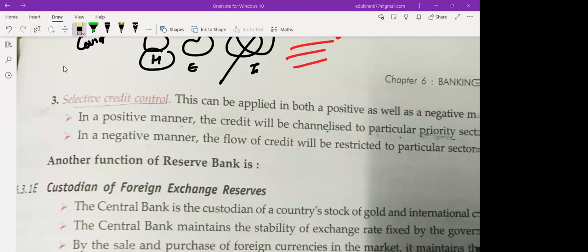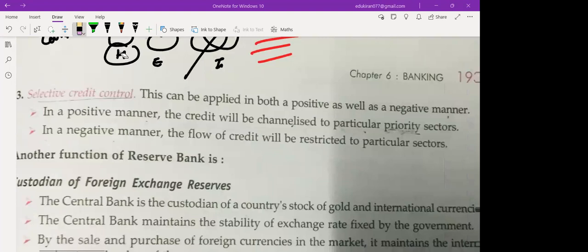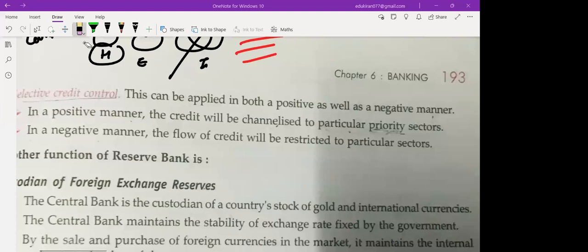Another function of the Reserve Bank is this negative manner, where credit will be restricted for a particular sector. Can you show me the other side? Ma'am, can you show me the other side of this one? Yeah, now I can see.